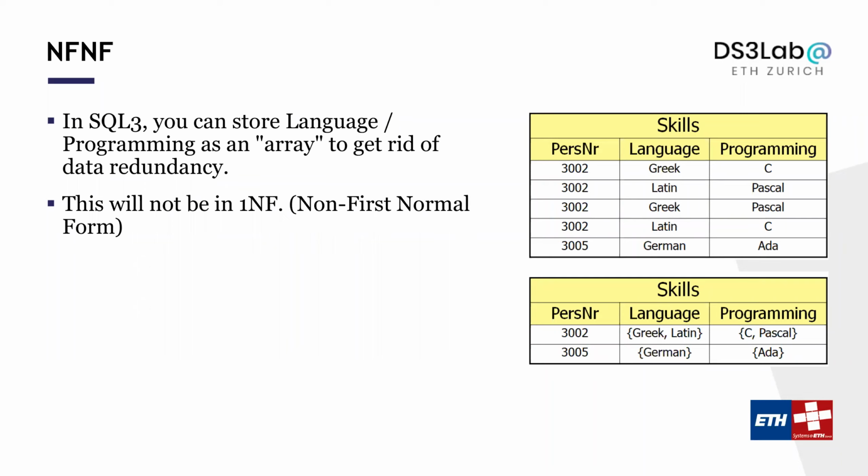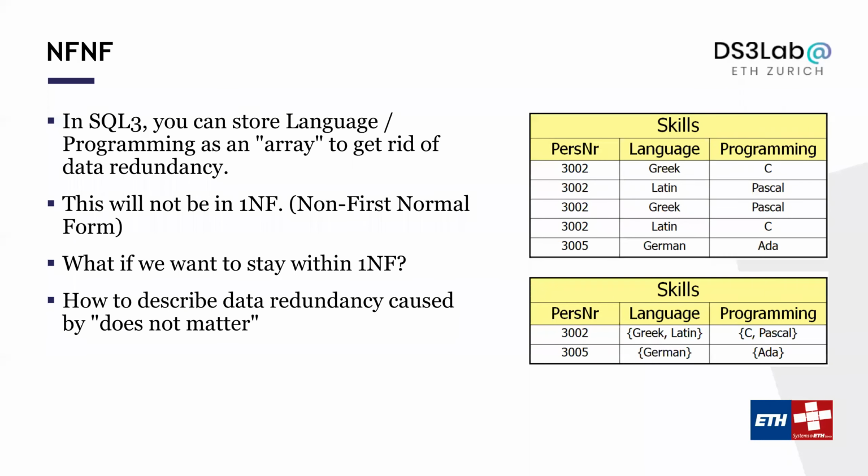So what if we really want first normal form? We want every single attribute to take an atomic value. Then you need to design a different notion of dependency or redundancy to really express the information that there are some attributes that are conditionally independent of some attributes. So here, the language and programming language are conditionally independent given the person number.